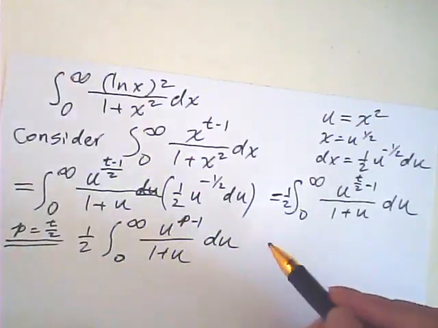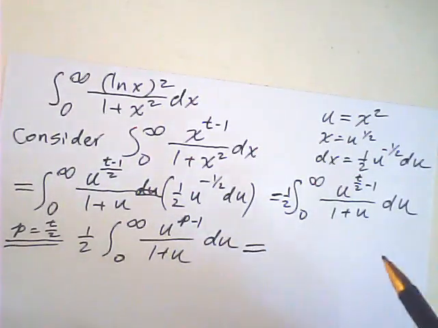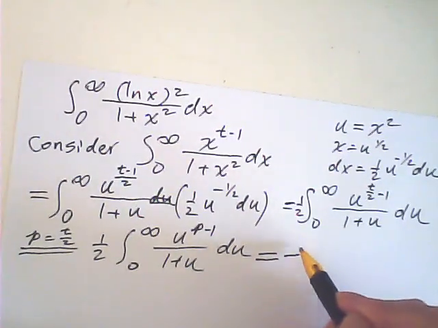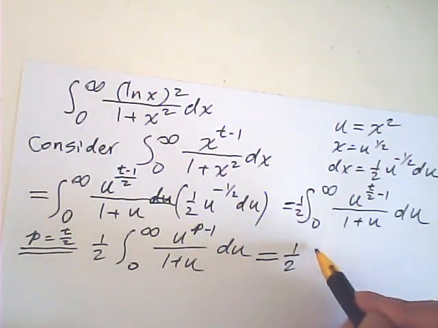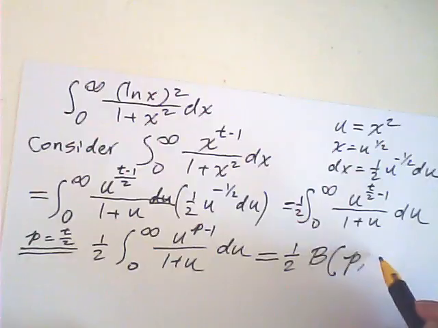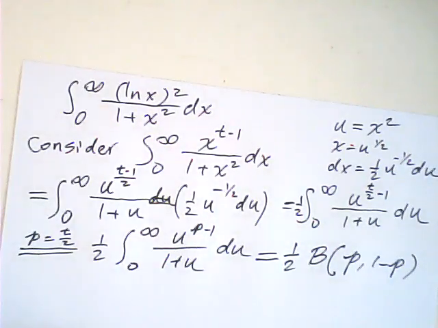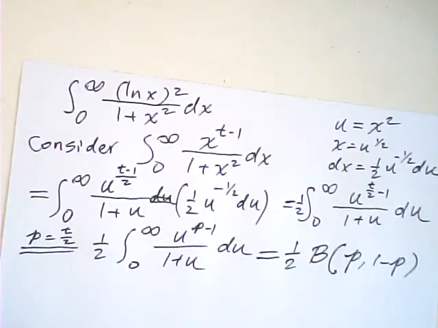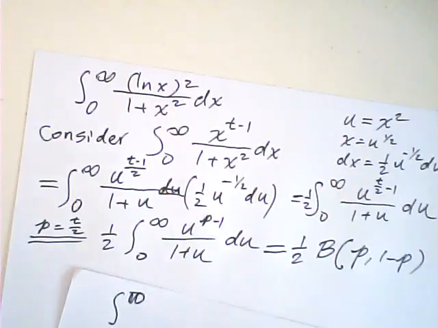Then I'm using the beta function. This is equal to 1/2 beta of p and 1 minus p. Let's recall the beta function.